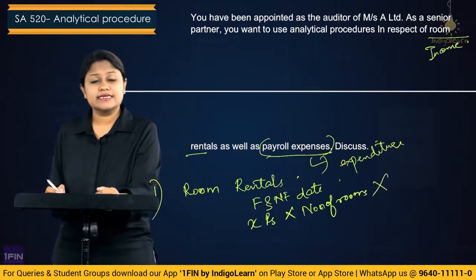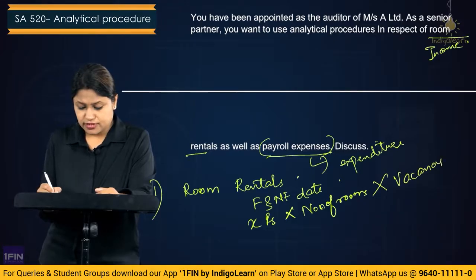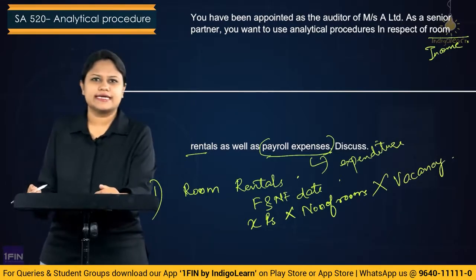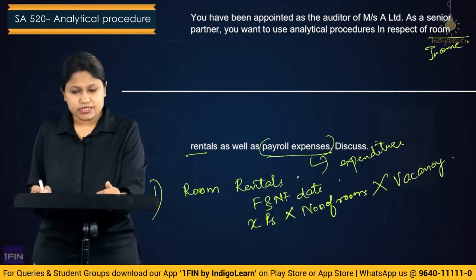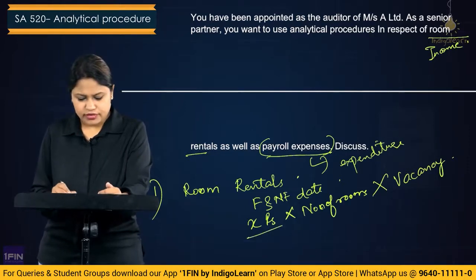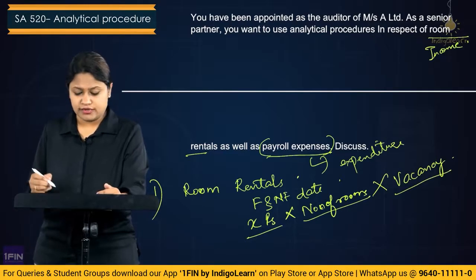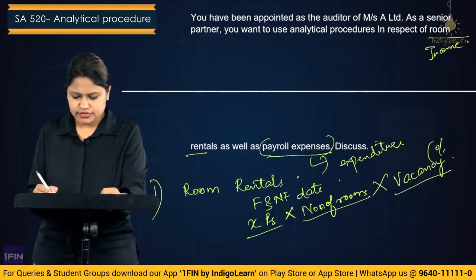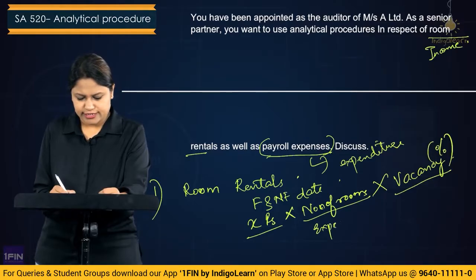And one very important thing is the vacancy rate also. Sometimes the rooms are vacated. Okay, that means if the occupancy is not full, it is not a seasonal time, or maybe it is not the ideal time for travel and all, then this vacancy rate is also going to be there. So taking into account the room tariff rates, number of rooms that you have, and obviously the vacancy into consideration, it could be the percentage basis. So this will usually be the percentages. Keeping that in mind, you will come to a figure. So this is the expected figure calculated by the auditor.